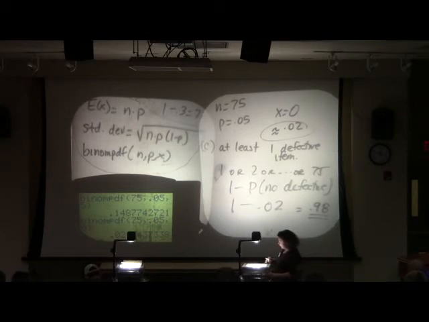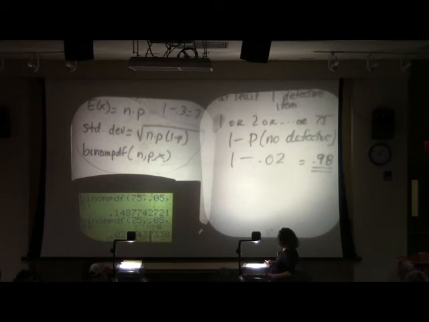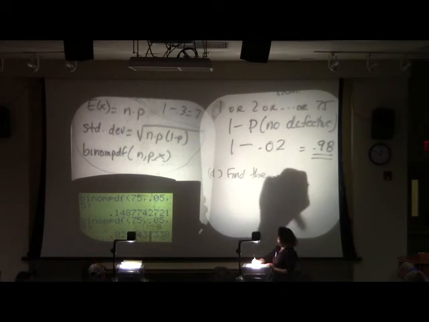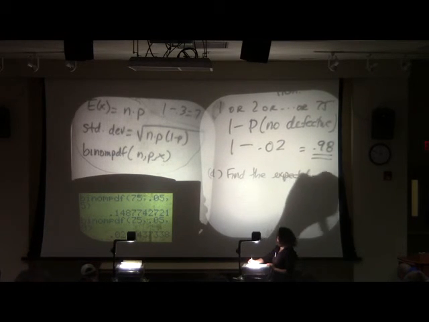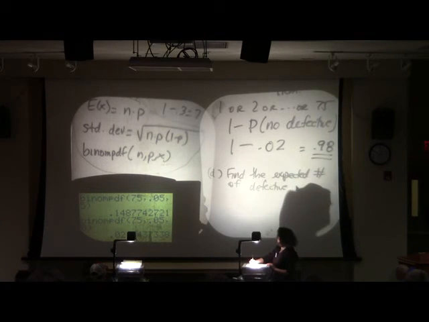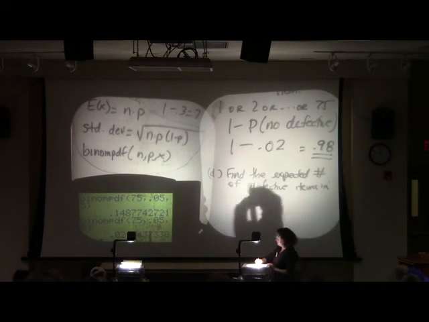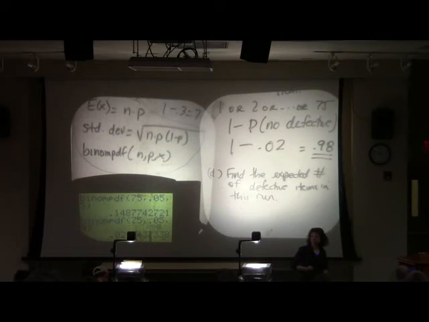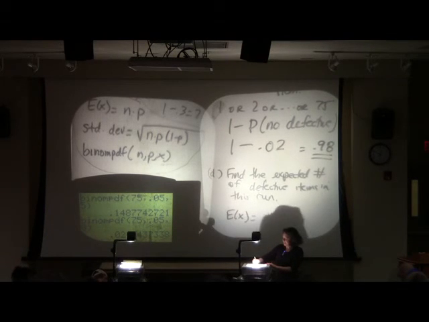Cool. All right. I have 2 more questions left. What if I want you to find the expected number of defective items in this run? Can we compute that? We can. It's equal to n. What was n? 75 times p.